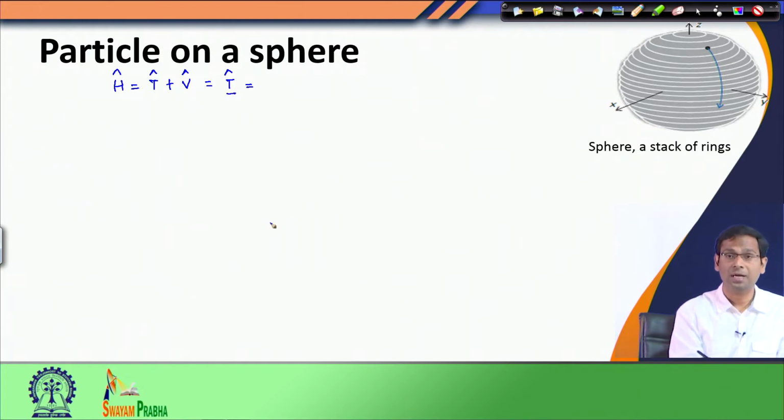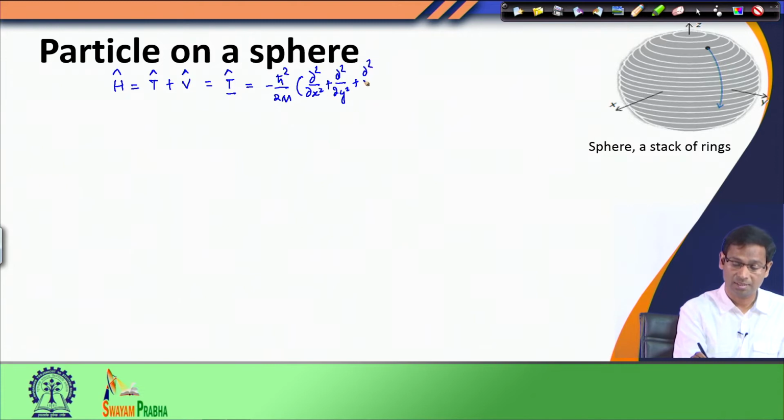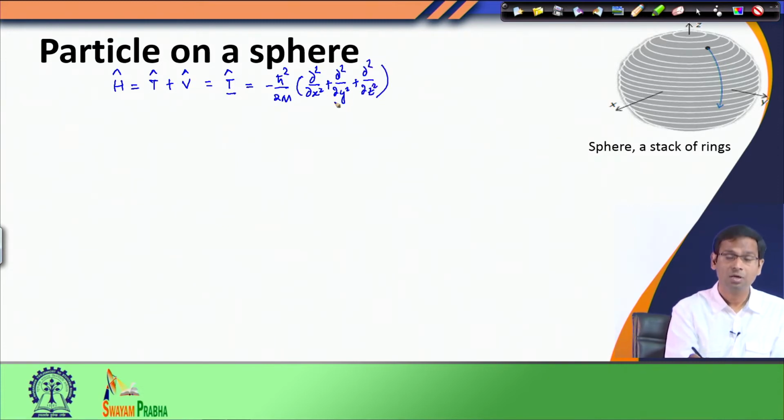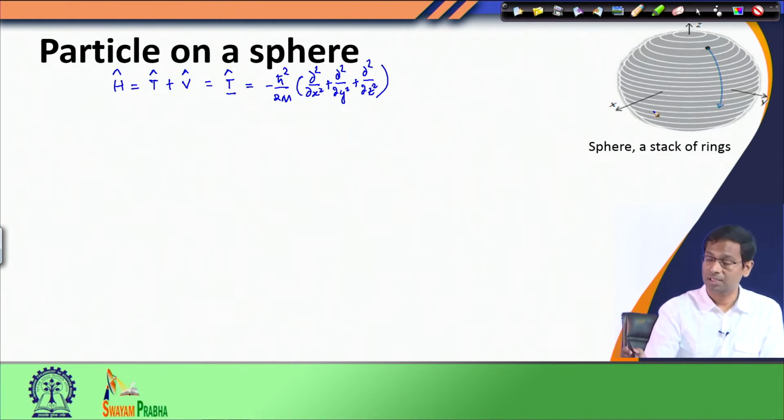Now, since the particle is moving around on a sphere, all three Cartesian coordinates are operational. Therefore, I write down the Hamiltonian as minus h-bar square by 2m times d square by dx square plus d square by dy square plus d square by dz square. Please note here all the derivatives are partial derivatives, because the particle can move all over the sphere, so x, y, z are variables that will simultaneously change.